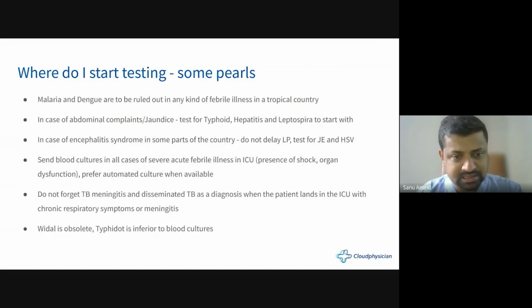But nonetheless, the total number of Japanese encephalitis cases which constitute encephalitis in the ICU is less than 14%.